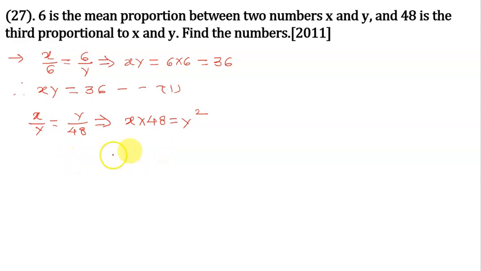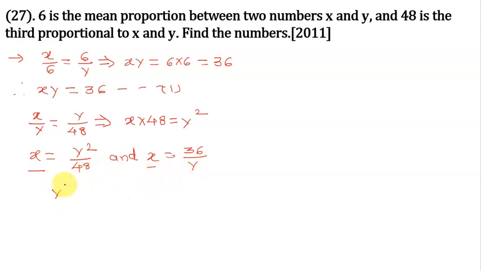Now here we substitute the values like this. x is equal to y square upon 48. And from the first equation, x is equal to 36 upon y. Now these two values are equal, therefore their right hand sides are also equal.